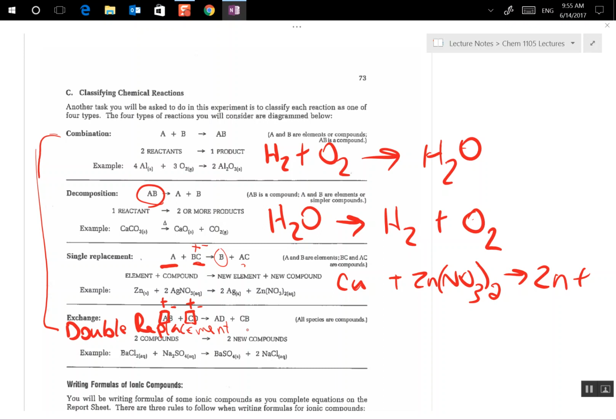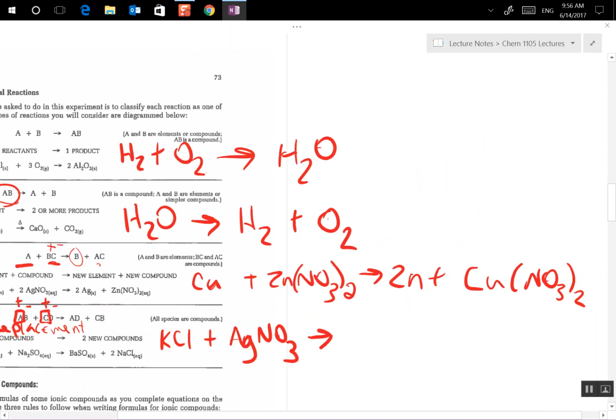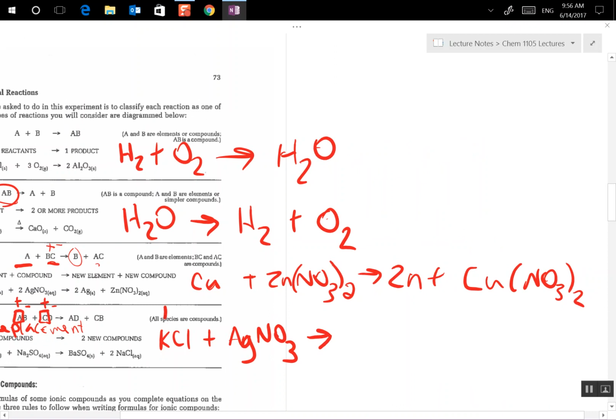Let's take potassium chloride plus silver nitrate. Here I have K plus, Ag plus, Cl minus, and NO3 minus.